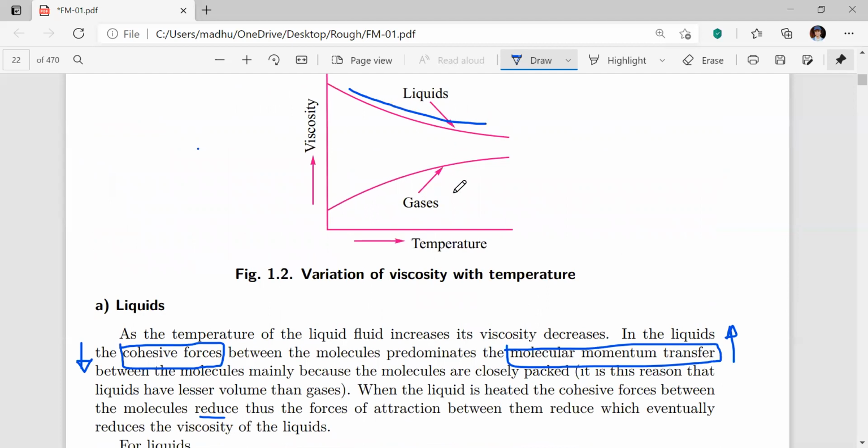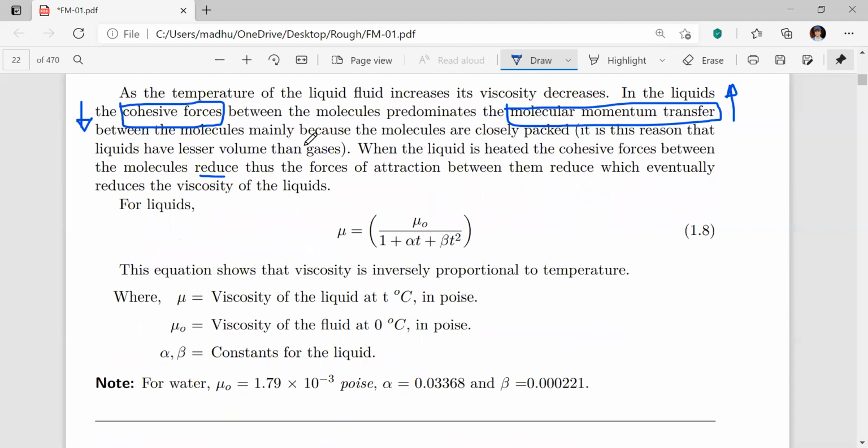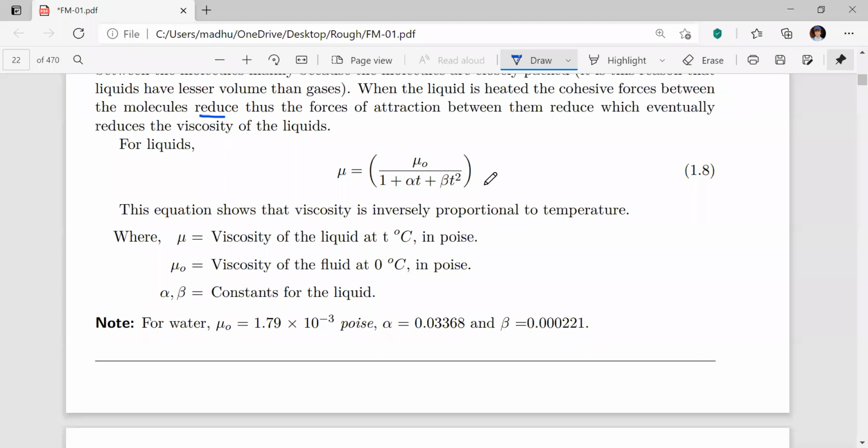This is the graph. Now, for liquids, we can have this equation: mu is equal to mu naught divided by 1 plus alpha t plus beta t square. Here, mu is the viscosity of the sample oil or liquid at a given temperature T degree. Mu naught is the viscosity at 0 degree Celsius. Alpha and beta are constants.